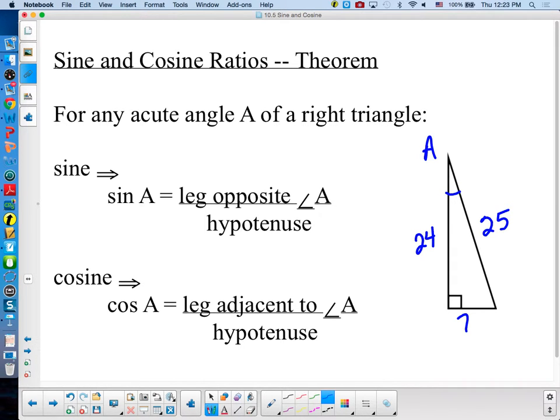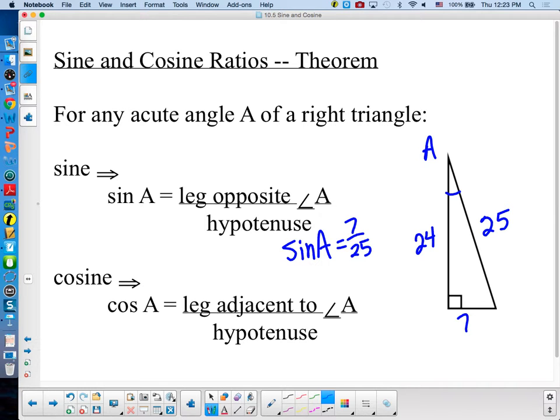So what would the sine of angle A be from my pictured triangle? 7 over 25. So from A, 7 would be the leg that's opposite, and the 25 is the hypotenuse. See where the right angle is. So 7 over 25 is the sine of angle A.